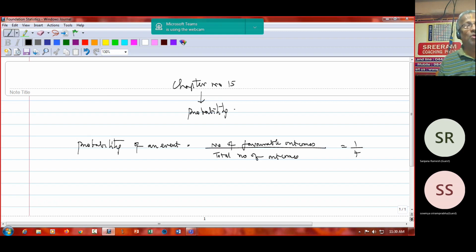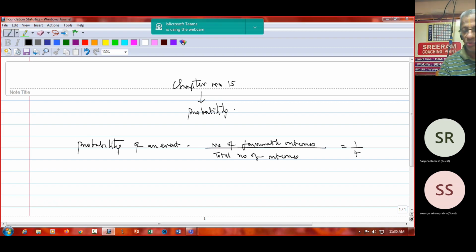Correct? Just because it is not accurate, it is not to be considered as false, fake, useless. You cannot bring out that sort of conclusion. Correct? So therefore, we have got to read with a little amount of caution.